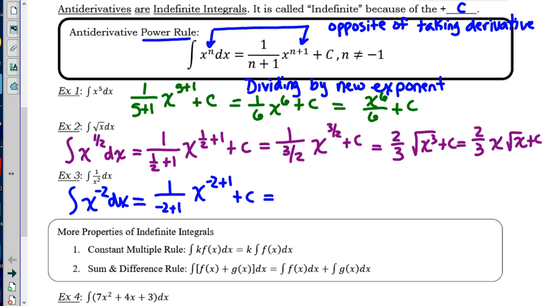And I believe the constant in front, 1 over the quantity -2 plus 1, is just a -1. So I'm just going to write that as a negative. And then my new exponent is x to the -1. And again, if I wanted to, I could rewrite that the way I started in terms of a fraction. So that's your basic rule for the power rule.